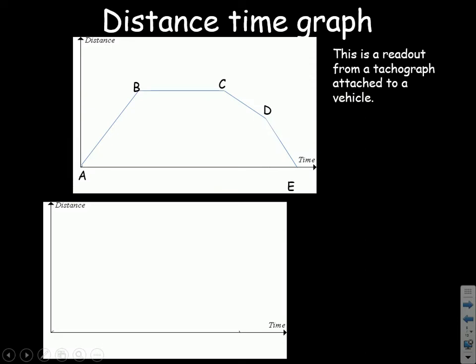Okie dokie then. So let's have a look at a distance time graph. So this is a readout from a tachograph which is attached to a vehicle, and we can see that we have on our x-axis time, and on our y-axis we have distance.